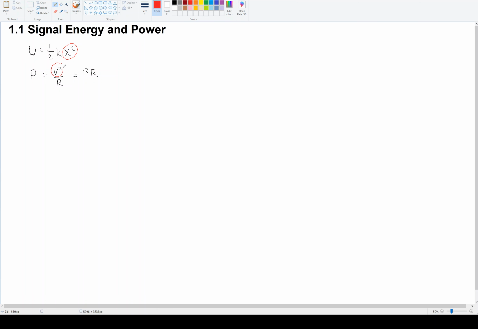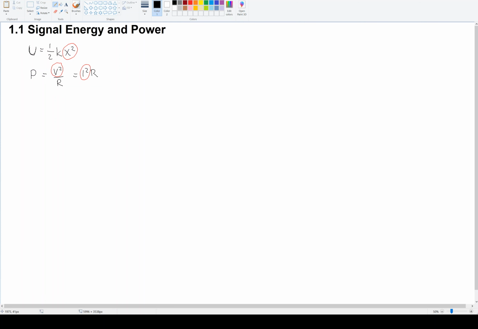So in all three of these cases, and there are many, many more, the energy and the power are related to the square of the signal. This is almost always the case. And in our class, we want to be able to apply these methods to any situation, not just electrical engineering, not mechanical engineering, any sort of situation where we have a system and an input and an output.